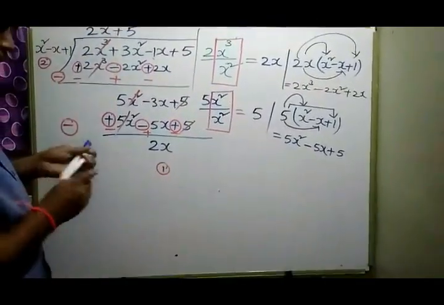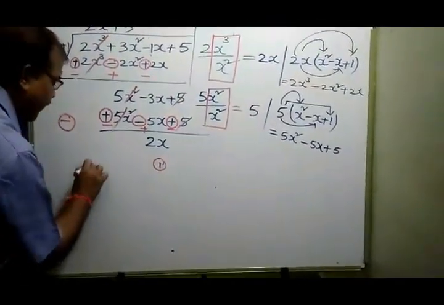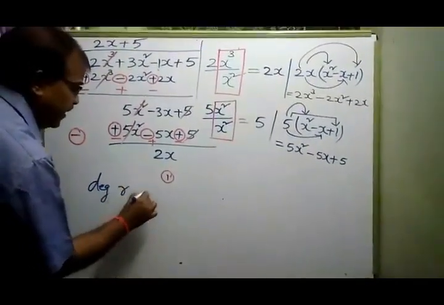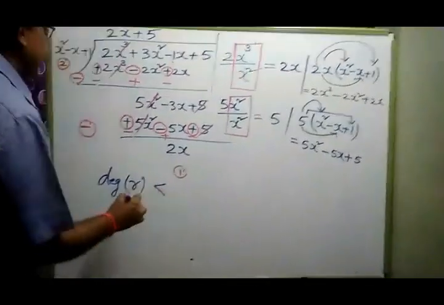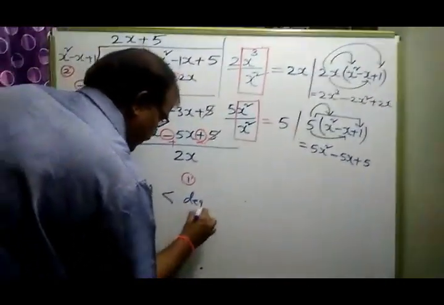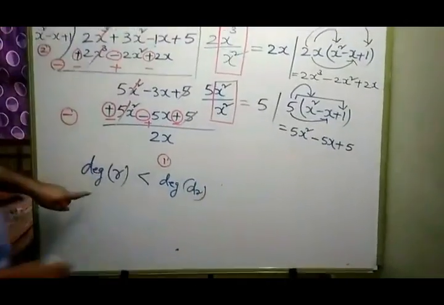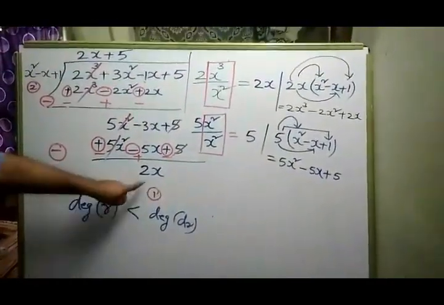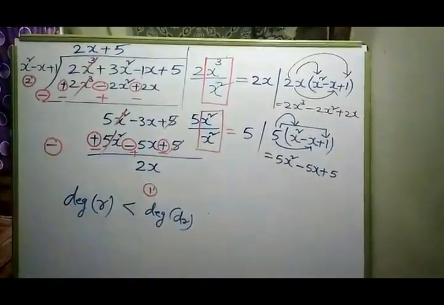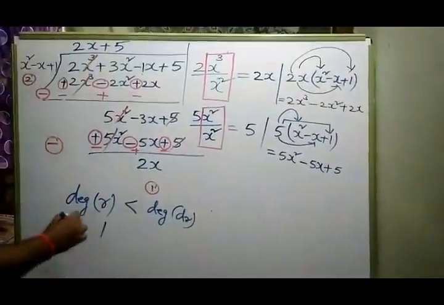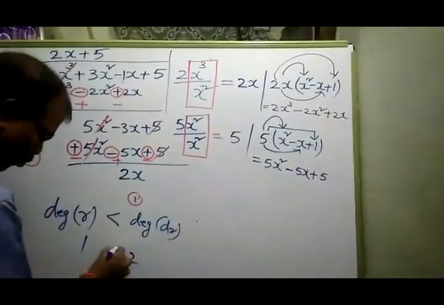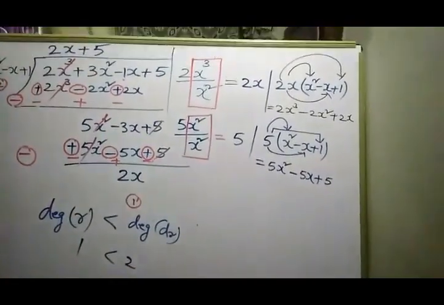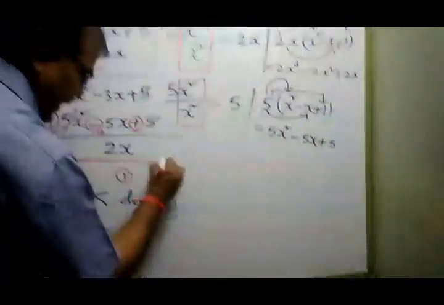So the main thing is the degree of the remainder should be less than the degree of the divisor. The degree of the remainder is 1. The degree of the divisor is 2. 1 is less than 2. So we can decide this is not a new dividend, this is the remainder.